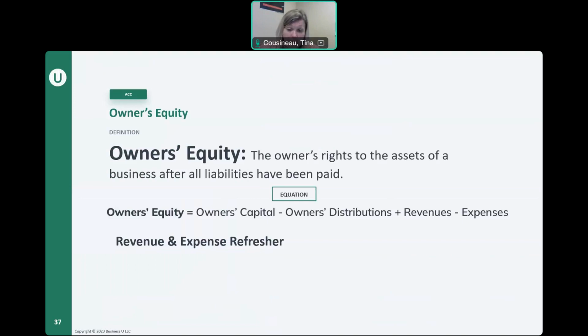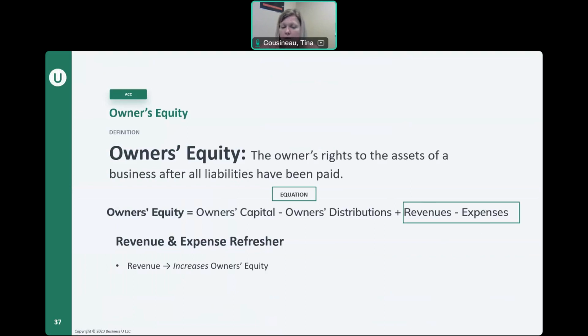So you have the owner's capital account minus any owner's distributions plus revenues minus expenses. That's an interesting equation. So let's talk about revenues and expenses because we haven't really talked about those yet. So revenues minus expenses equal your net income. Your revenue increases your owner's equity. So think about that.